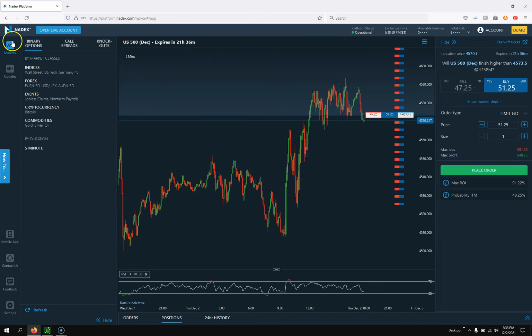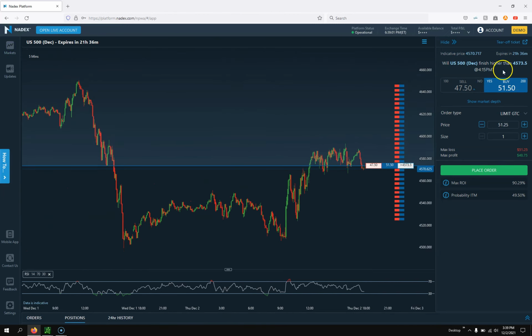Let's expand this, and then over here is your order entry, and it's essentially, are we going to close above or below a specific number, right? As I'm filming this right now, the S&P index is 4571, and we're looking at the 4573.350 that expires in like 21 hours, which is tomorrow at 4:15 Eastern.